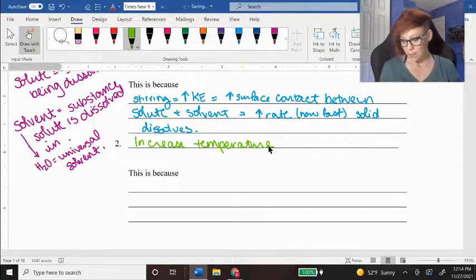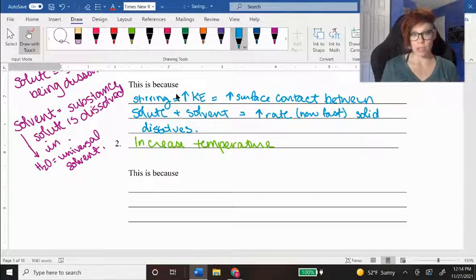Okay. So why does increasing the temperature increase the rate at which a solid dissolves? Well, number one, heating a solution is going to increase your kinetic energy. Remember, temperature is related to kinetic energy.